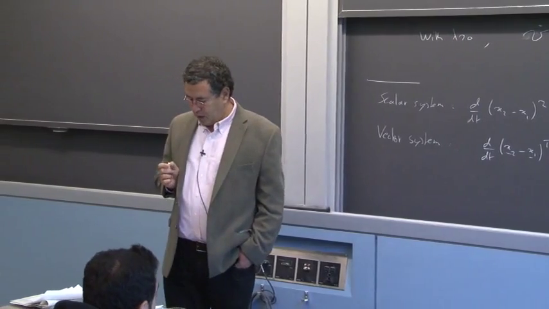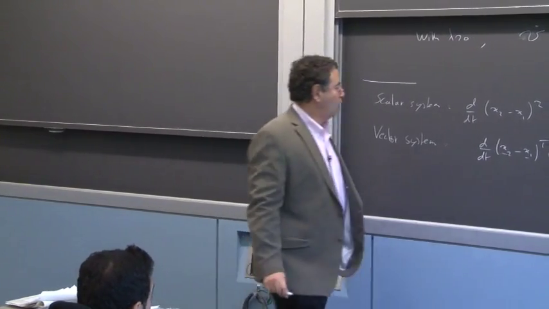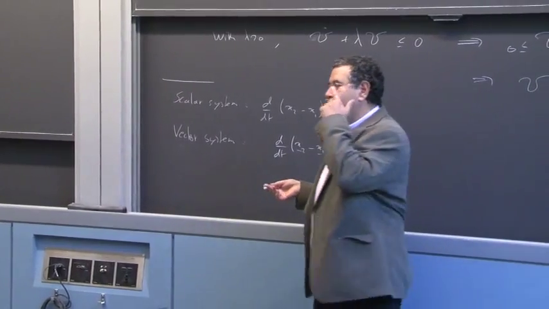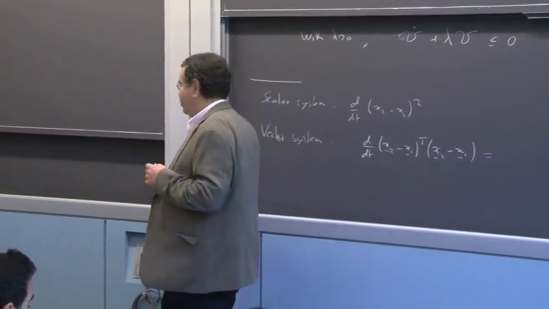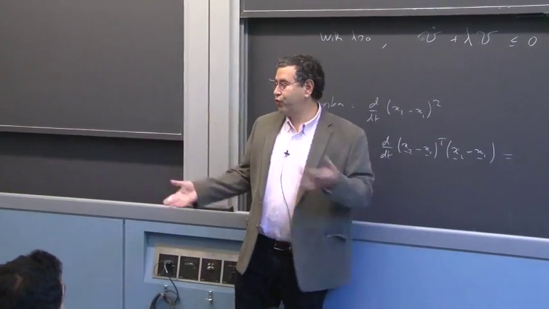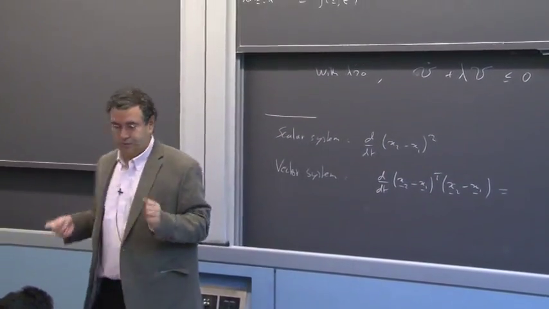Okay, so it's a product of 2 terms, right? So the derivative of this times that, plus this times the derivative, and of course the 2 terms are equal.